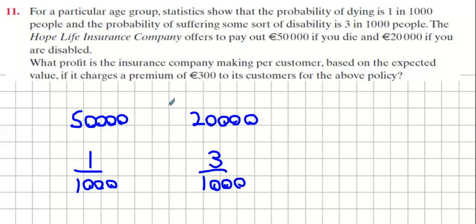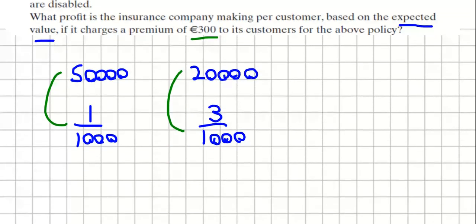And then what profit is the insurance company making per customer, based on the expected value? That's how we know we're using our technique. If it charges €300 to a customer for the above policy. Let's multiply 50 by 1,000 and 20,000 by 1 in 1,000. Is it just 50?